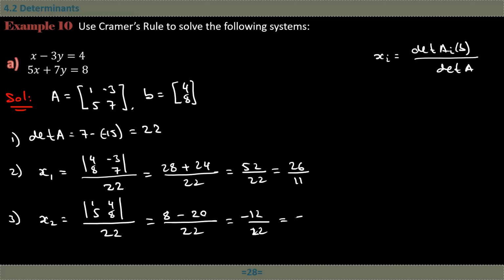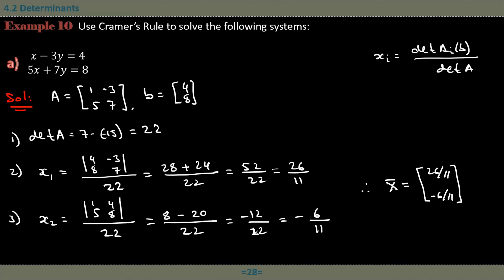That's equal to minus 6 over 11. So these are the solutions of the system. The solution of the system is 26 over 11 and minus 6 over 11.